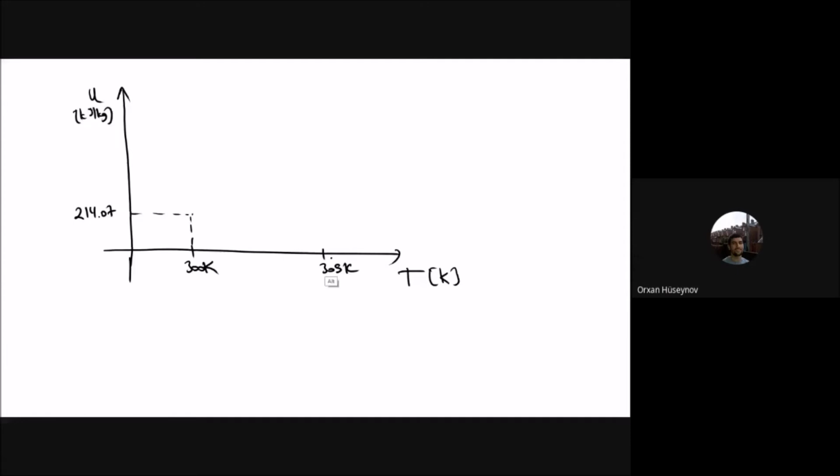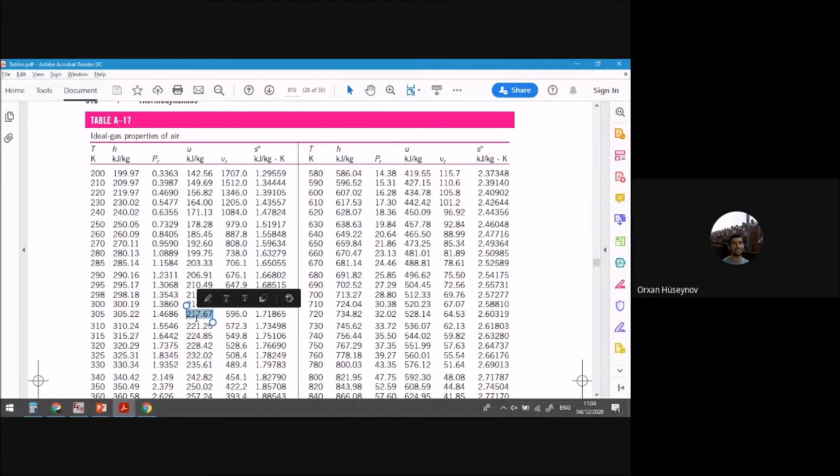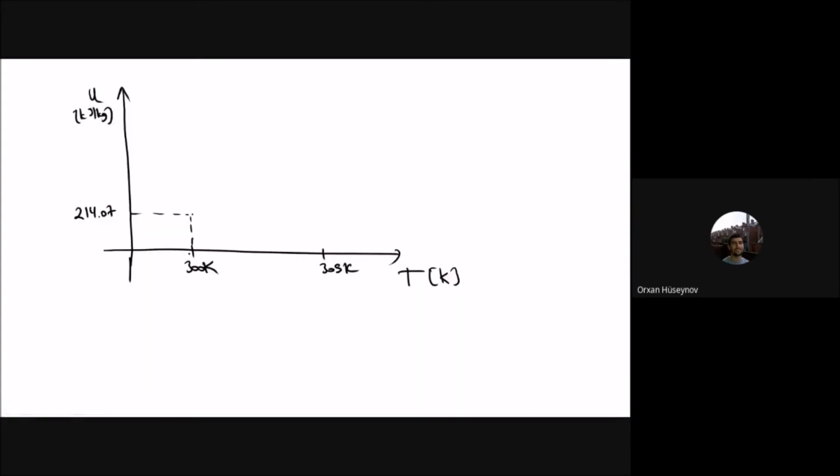For 305 Kelvin, you have an internal energy of 217.67. This is the internal energy for the next temperature.